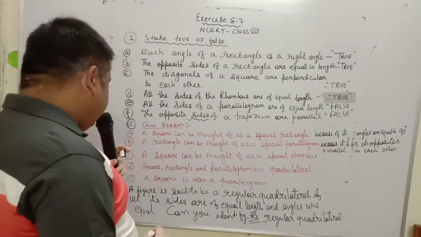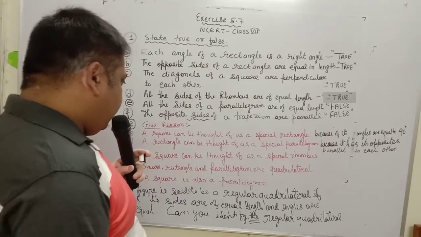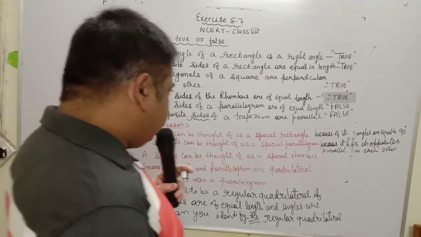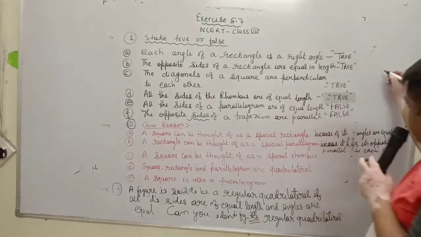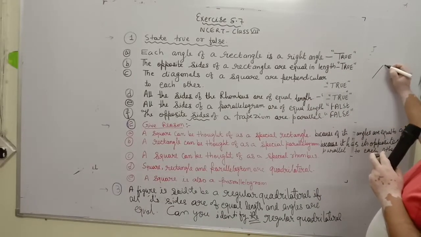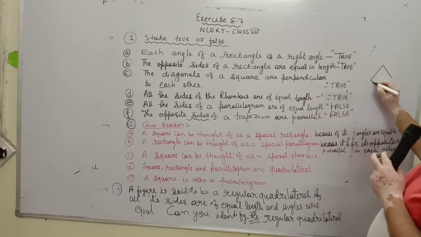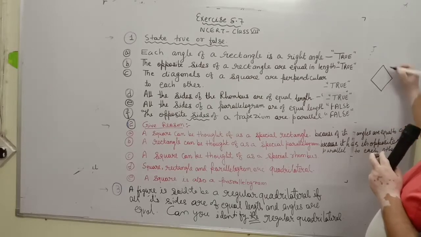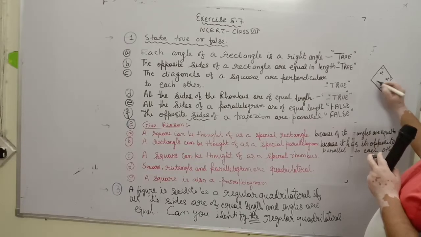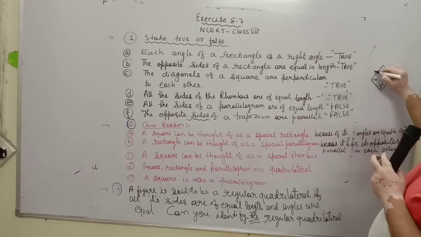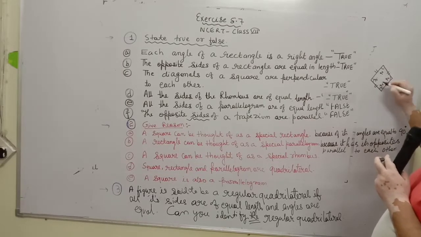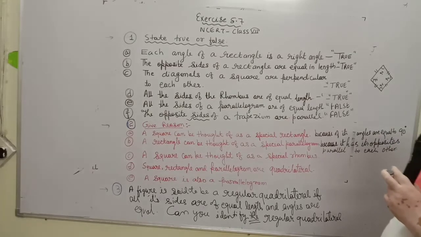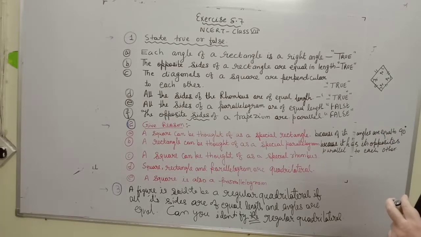Next, a square can be thought of as a special rhombus. Yes. If I draw the square like this, such that this is 90 degrees, 90 degrees, 90 degrees and 90 degrees, and the opposite sides are parallel to each other, so it is fulfilling all the characteristics of a rhombus.